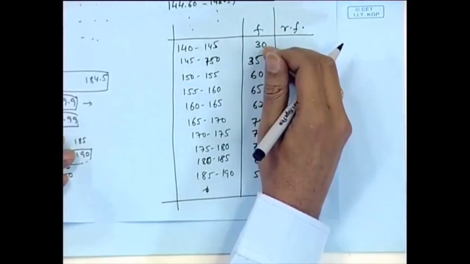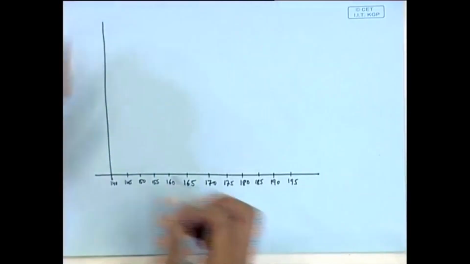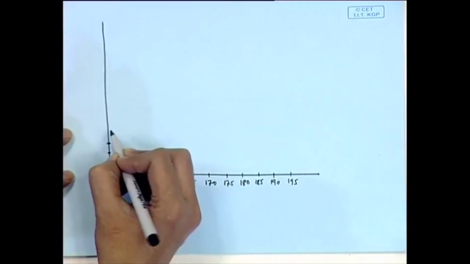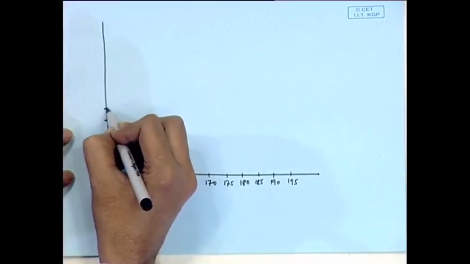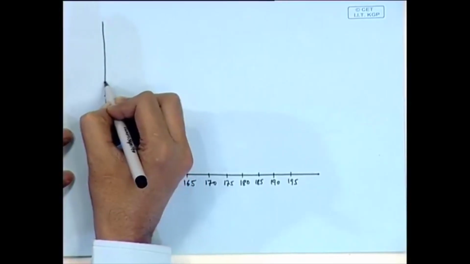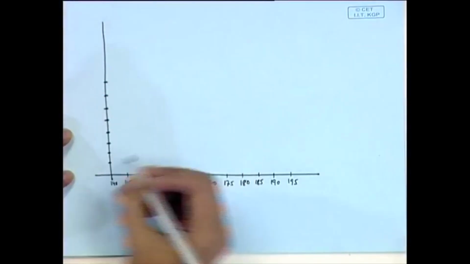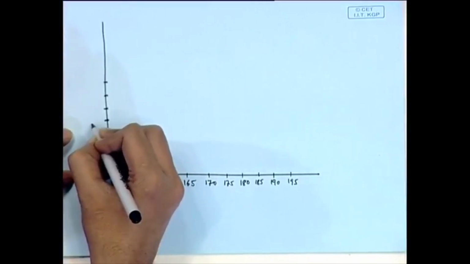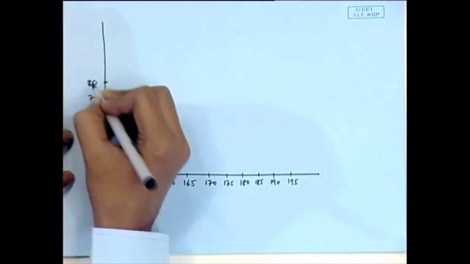We look at the values which are there, 30, 35, 60 and so on. So, if we make the scale like 10, 20, 30, 40, 50, 60, 70, 80, the maximum value is 80.